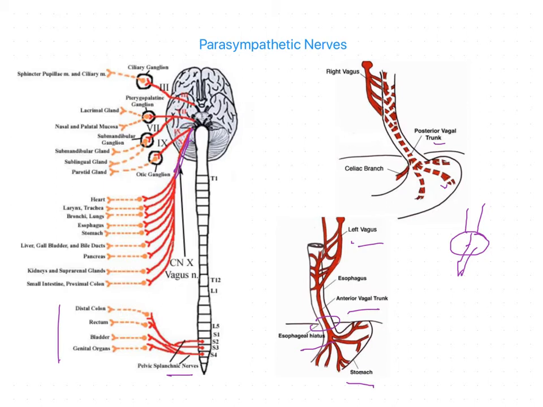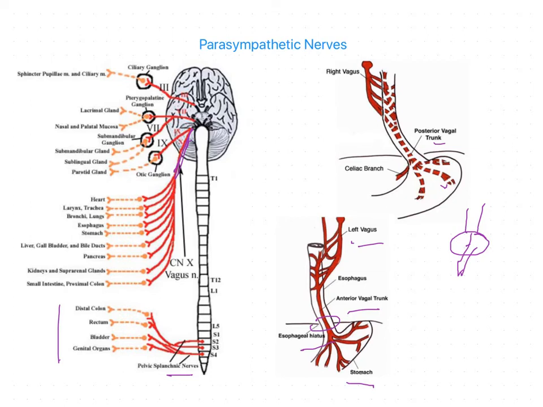It sends an important branch to the celiac ganglion and plexus. We have seen the celiac plexus on the anterior aspect of the aorta near the celiac trunk. So this right vagus sends an important branch to the celiac ganglia and plexus.